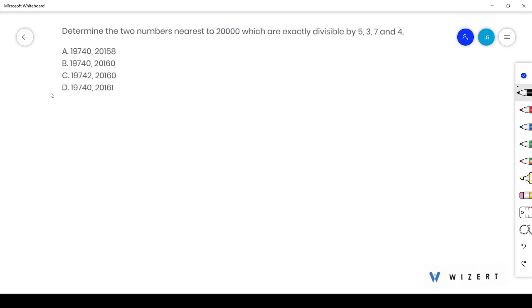Our question is, determine the two numbers nearest to 20,000 which are exactly divisible by 5, 3, 7 and 4.